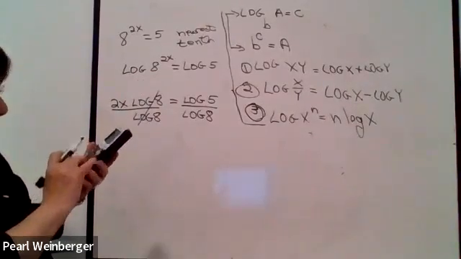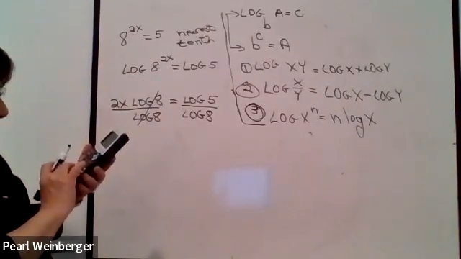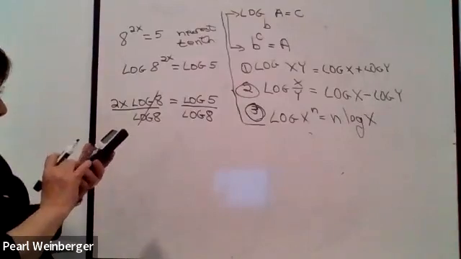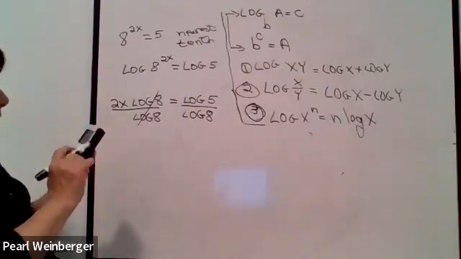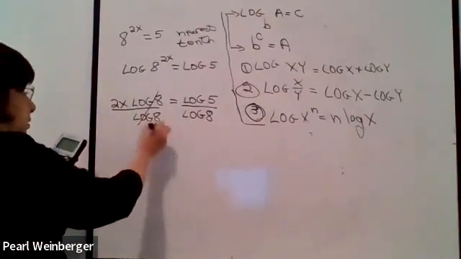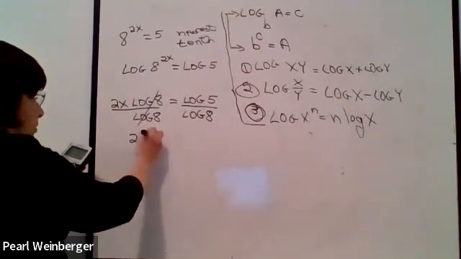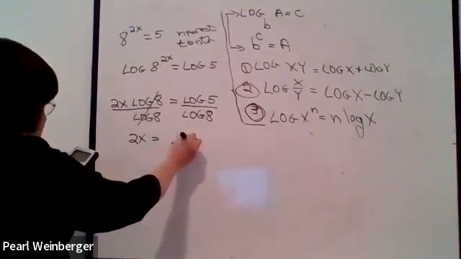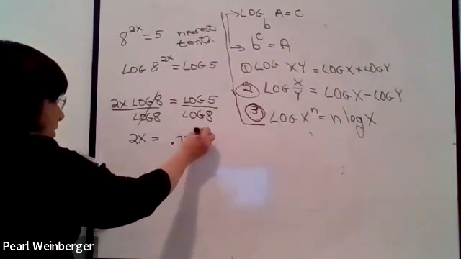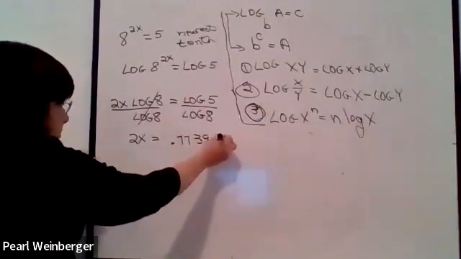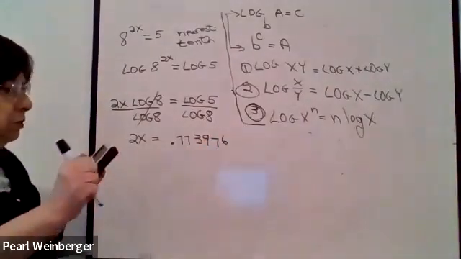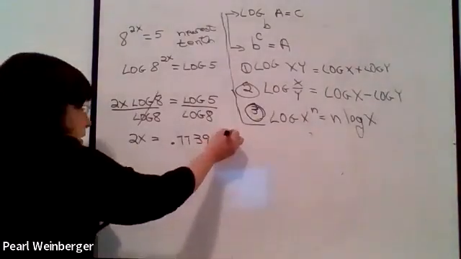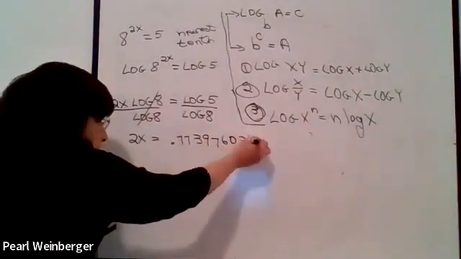So I'm going to do log 5 divided by log 8. And I get that here I'm left with 2x equals 0.773976. Next number is 0316. I don't have to write the whole thing out.